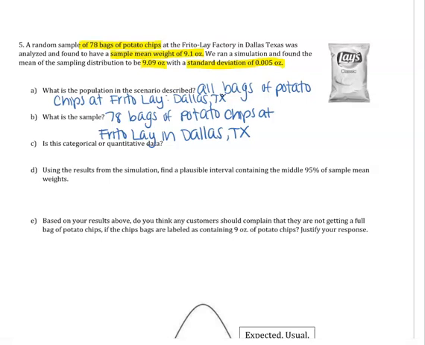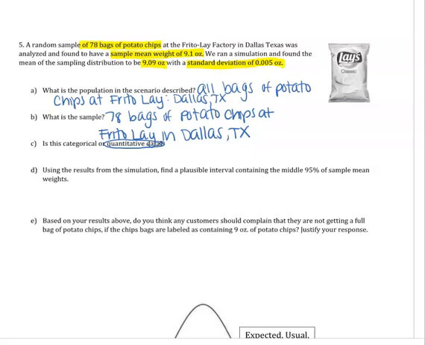Now, is this quantitative or categorical? Well, categorical would be talking about a proportion, like a success versus a failure. This is me just measuring the weights of the 78 bags, adding them all up and dividing by 78. So this is quantitative data because we're just looking at the average weights.